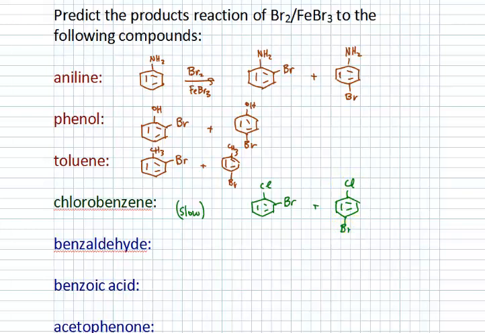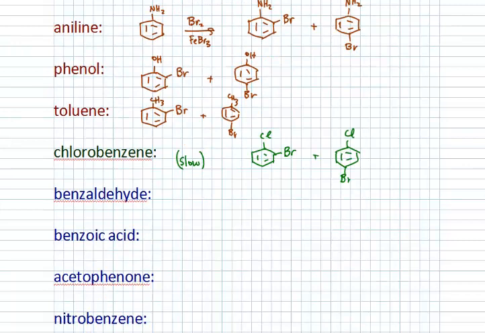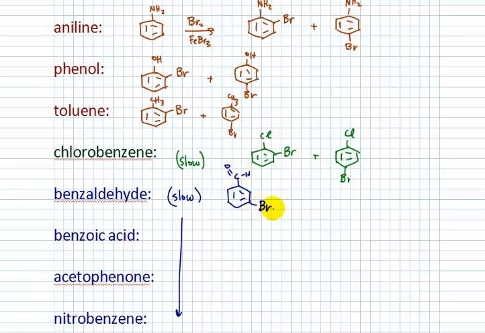Now we're into the meta directors, so primarily just one product. Okay? All of these will be slow, okay? But benzaldehyde, brominating it, C double bond OH will be meta bromo.